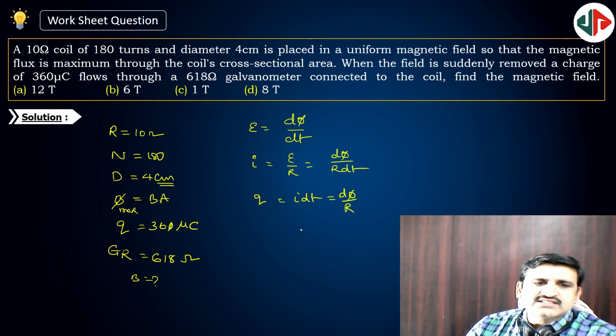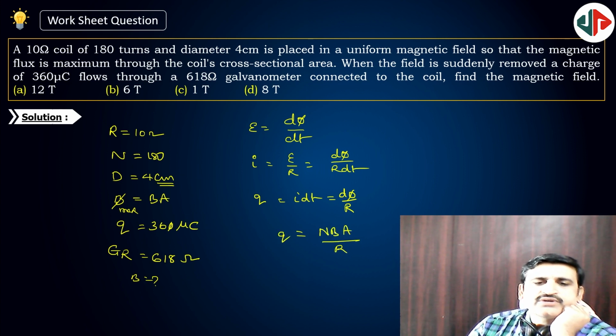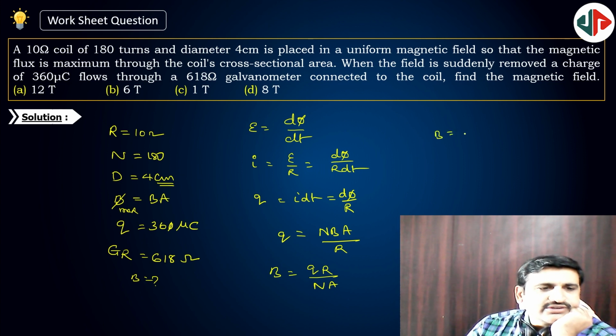So the flux change, okay, this is NBA by r is equal to q. So B is equal to QR by NA. All the things are known. B is equal to Q value, 360 microcoulomb, 10 to the power minus 6, into resistance 618 and 10.